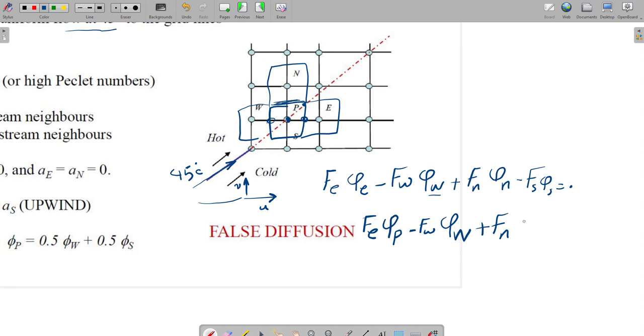Fn phi n in this direction equals Fn phi P upwind.